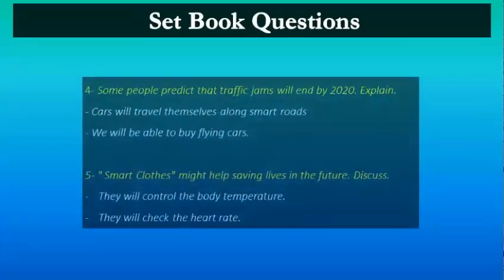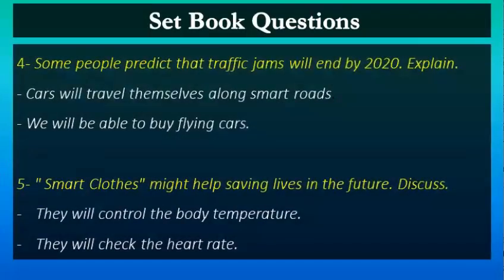Some people predict that traffic jams will end by 2020. Explain. Are we going to have an end to traffic jams later? Of course, if we talk about 2020, the book was prepared maybe 10 years ago.